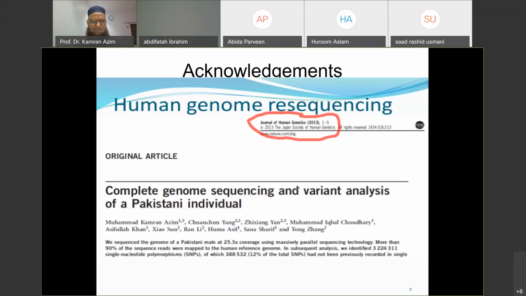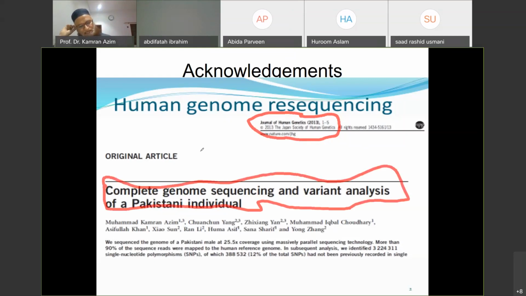As you see, the title of this paper was the complete genome sequencing and variant analysis of a Pakistani individual. I was the first author with Yang from China, and we collaborated with the Chinese genomics center Beijing Genomics Institute, BGI.